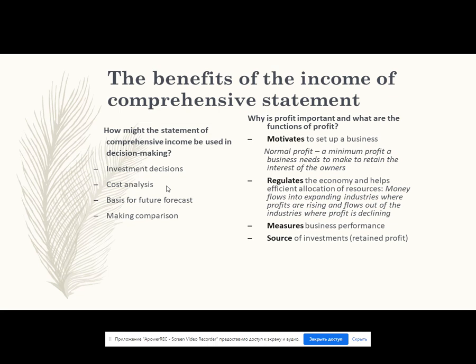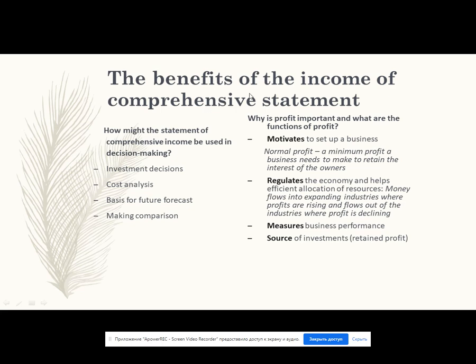Or you can see that your cost of sales are okay, but your expenses are very high and your rent is very high. Okay, you try to find a place with cheaper rent and your expenses go down, your profit for the year goes up. So cost analysis is one of the main reasons why we need a statement of comprehensive income.